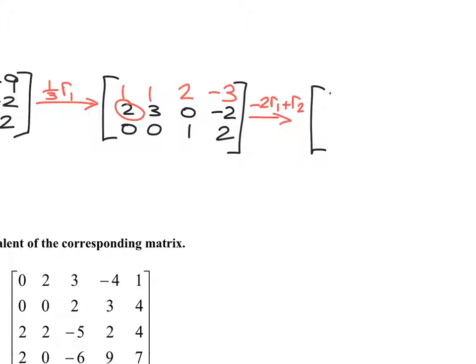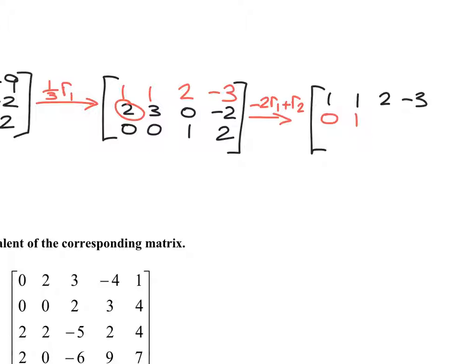So row 1 is going to stay put. 0, that's not red, 0, then 1. Well, that's nice. I wasn't going for that, but it worked.